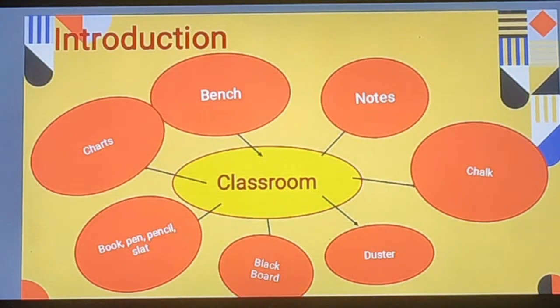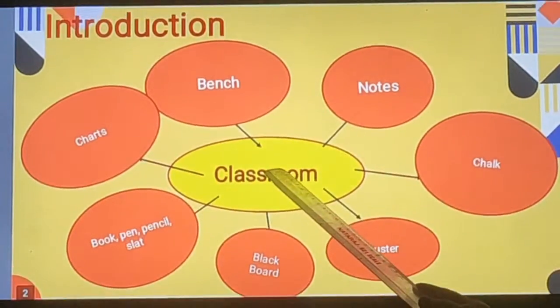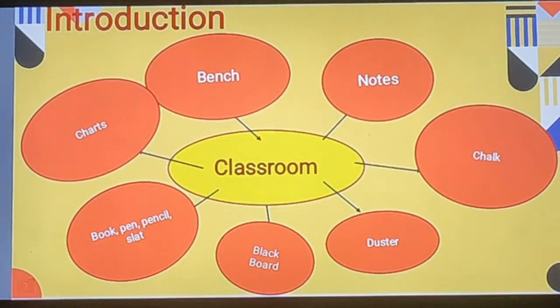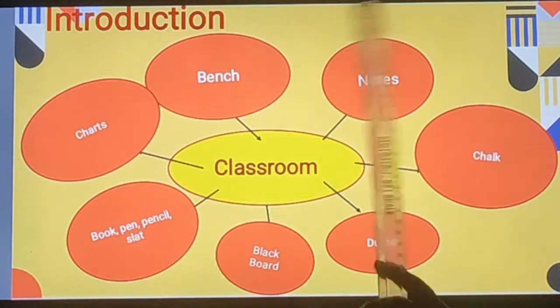Now, the classroom word. Look at this. When we hear the word classroom, we can recall some more words in our brain. What are those? In a classroom there are some words: blackboard, duster, chalk, notes, bench, charts, books, pens and pencils.